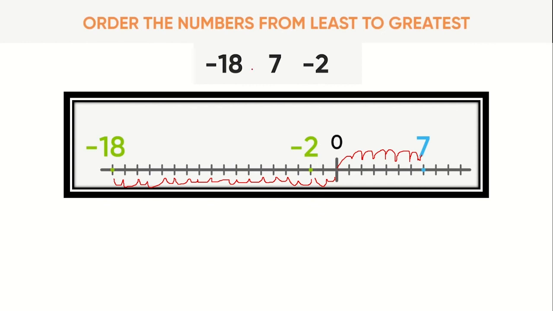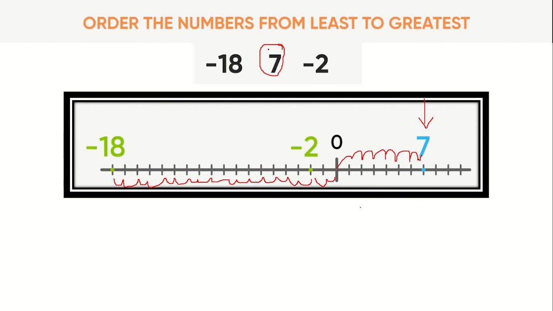So among the three numbers here, it's only 7 which is positive. That means that 7 is the greatest. So we're now down to negative 18 and negative 2. That means we will just compare them.